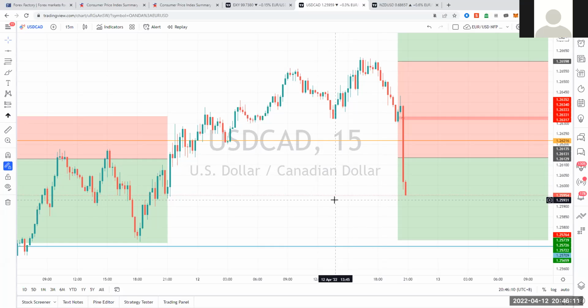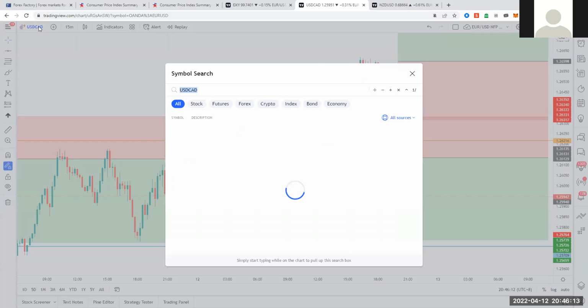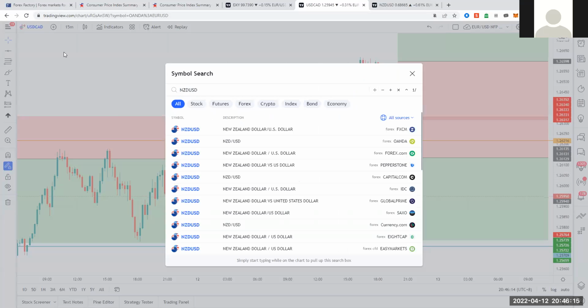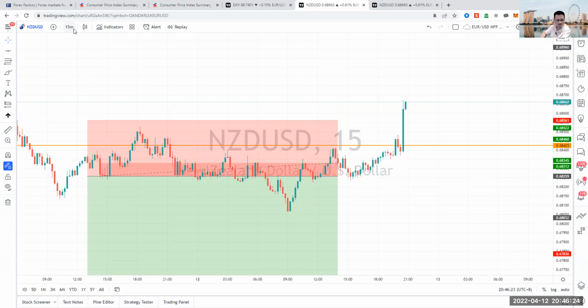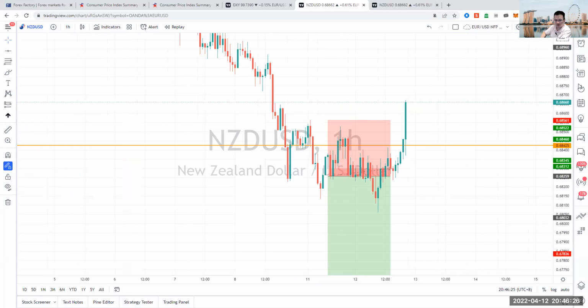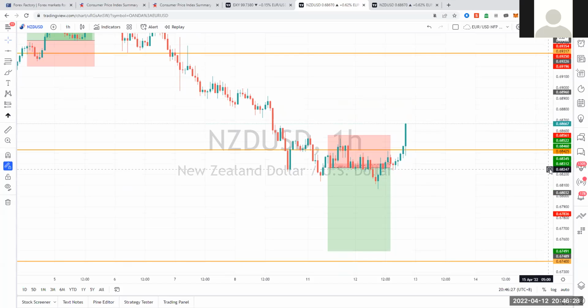Looking at Kiwi also, it's right above my resistance. That one was 0.6842. Yeah, correct. Should I wait for confirmation, like after this candle close? That will be better. Well, it depends how many trades you want to get into.